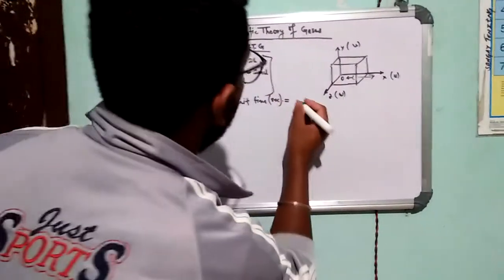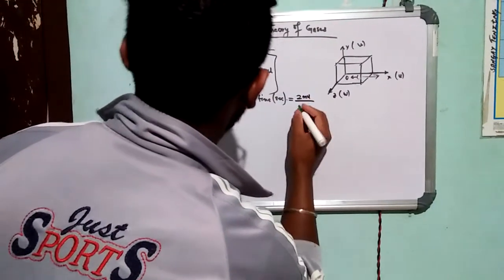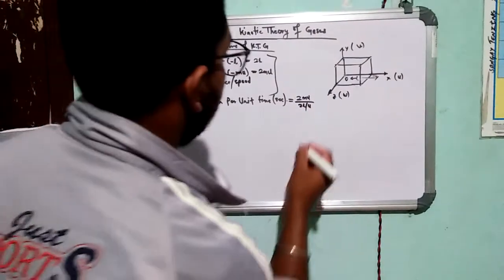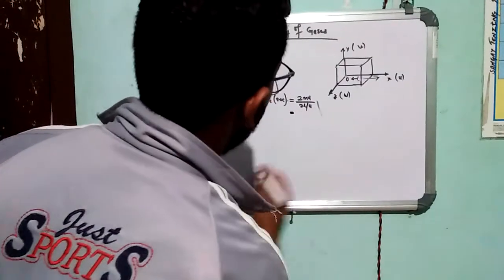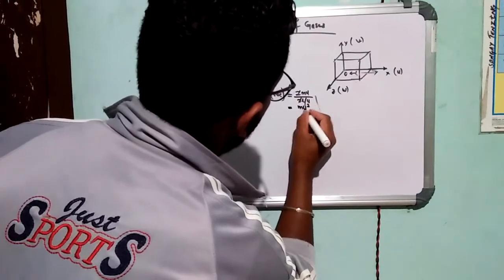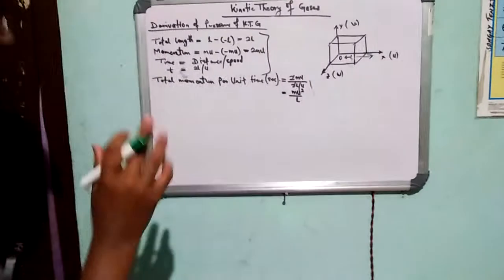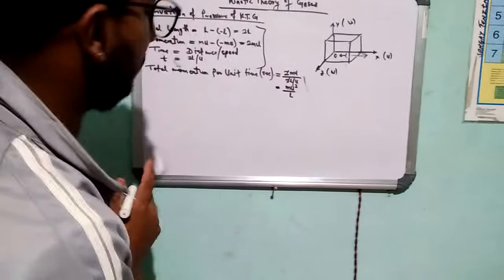That is equal to 2mu divided by 2L by u, which is equal to 2 mu square by 2L, that is mu square by L, the total momentum per unit time, in a second.